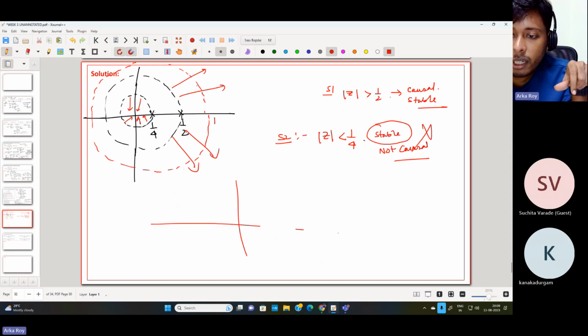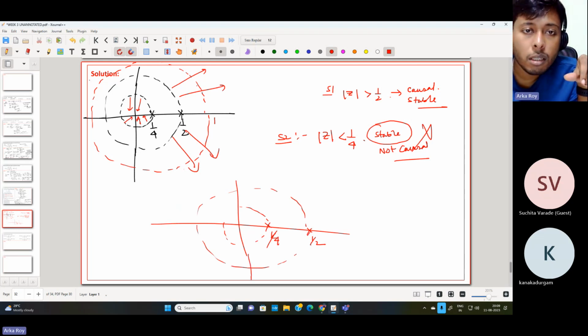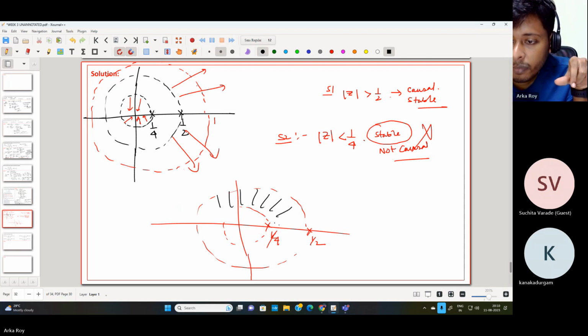So if I draw it again, this is 1 upon 4. This is half, and this is the area, that is this annular ring.